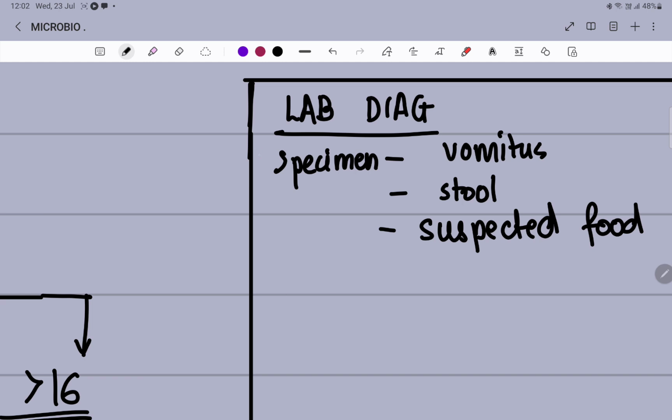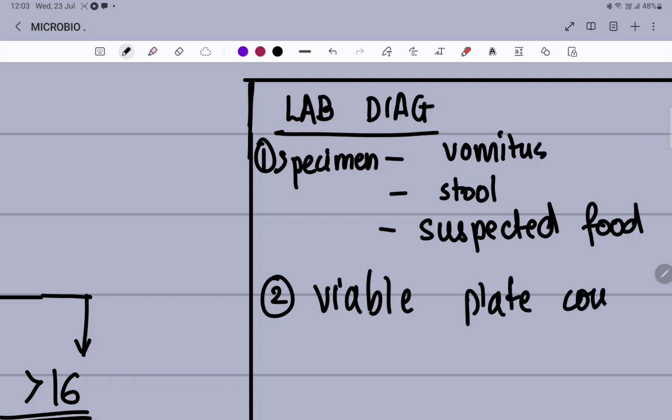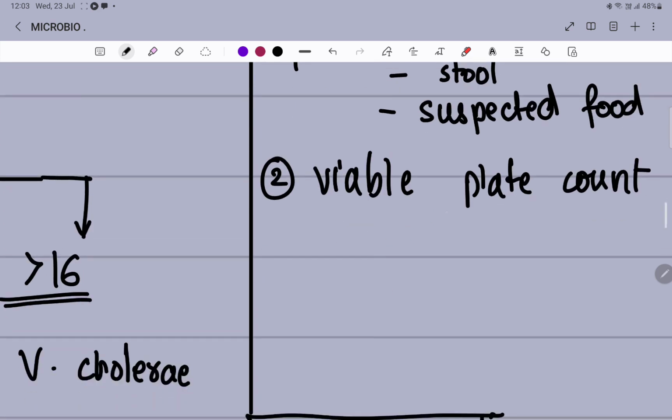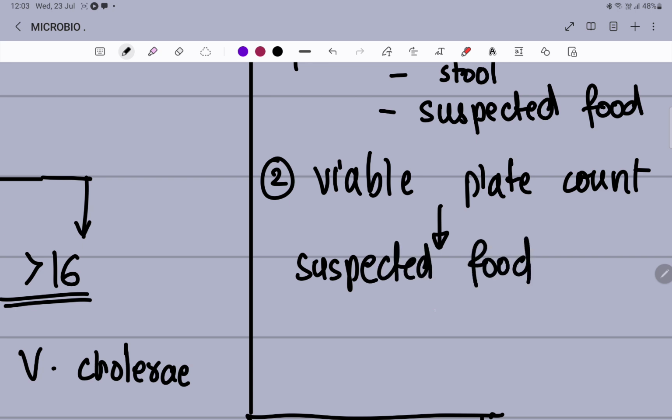So first is specimen collection, then viable plate count. For this we will add the suspected food to the Ringer's solution.